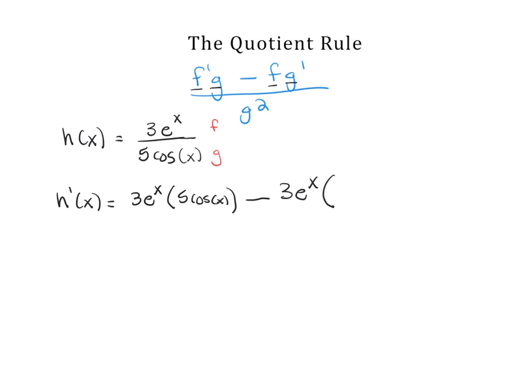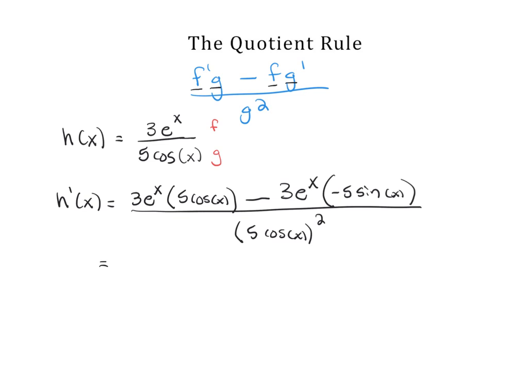The derivative of the bottom is negative 5 sine x all over the bottom squared. So that's (5 cosine of x) squared.